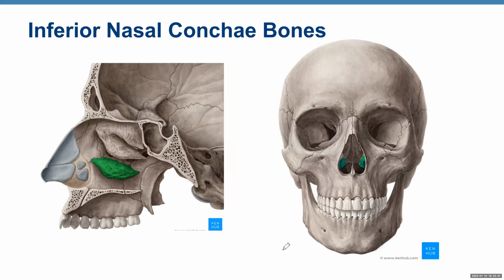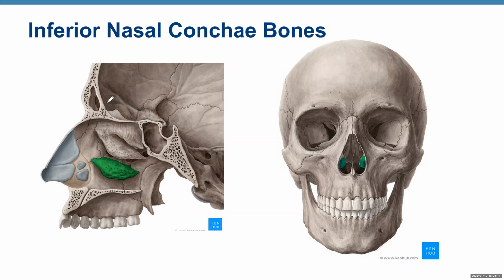Inferior nasal concha, shown right here. So we're looking again at the mid-sagittal section. This part here, this is ethmoid bone: crista galli, superior nasal concha, middle nasal concha. Those 3 parts are part of the ethmoid bone.